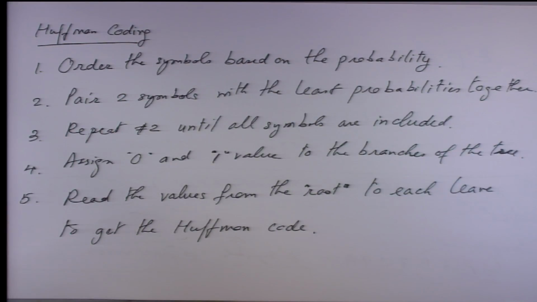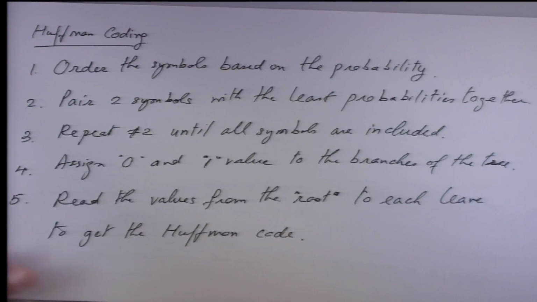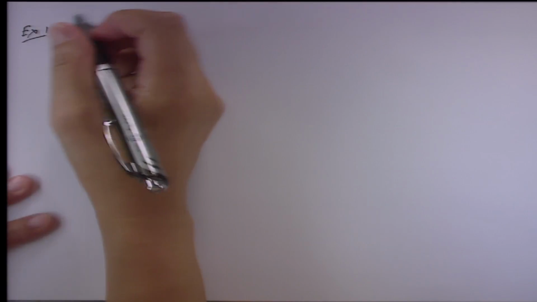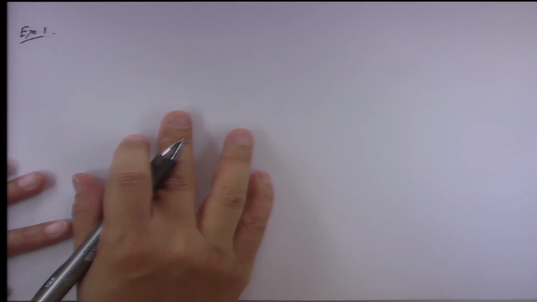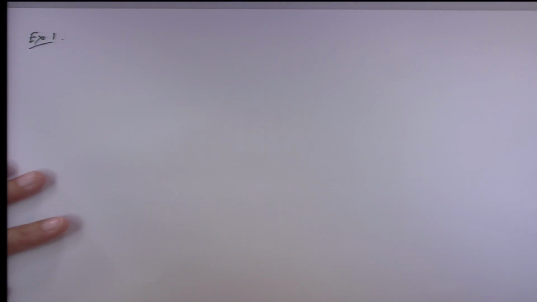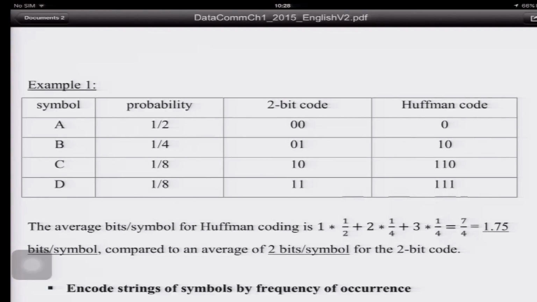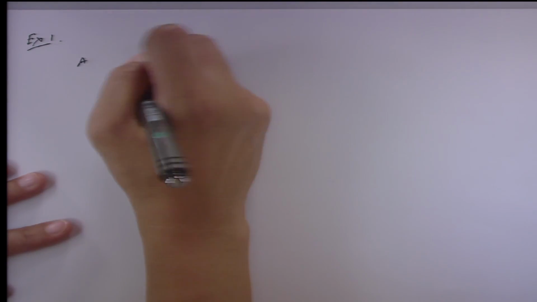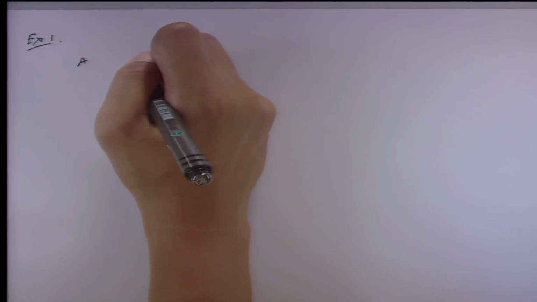Okay, so let's look at an example. For this example 1, as in the sheet, you have symbols A, B, C, D with probabilities of 1/2, 1/4, 1/8, and 1/8. So it's already ordered, based on the probability.